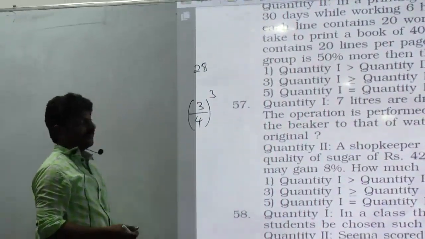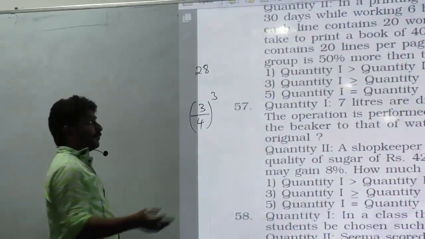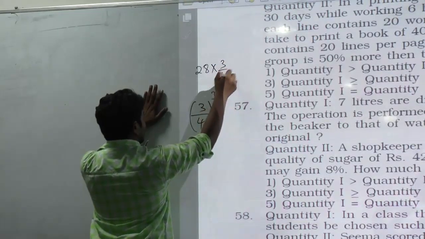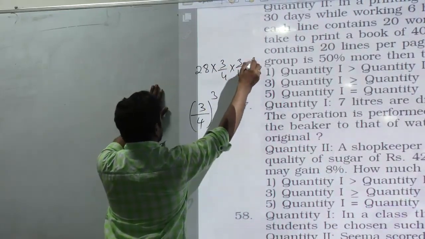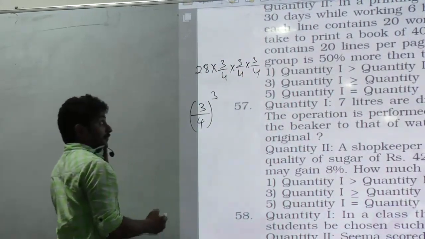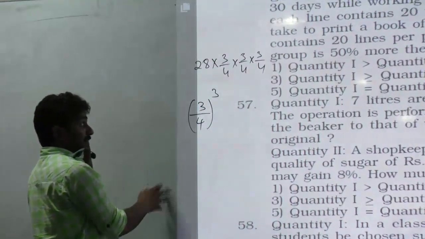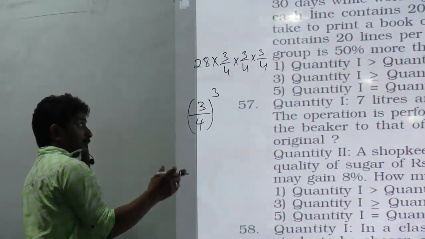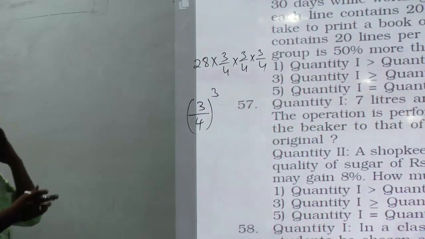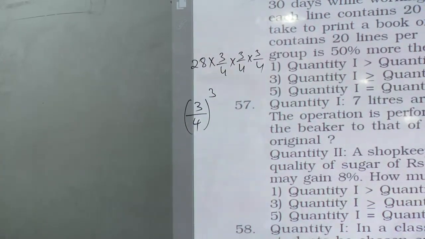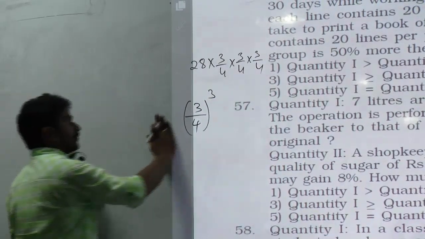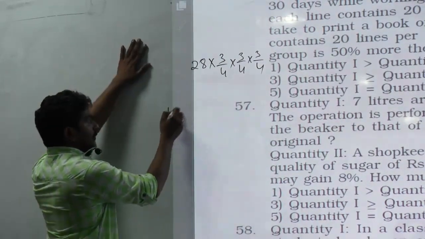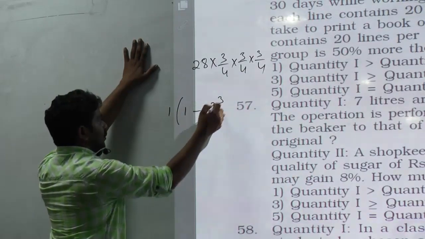In the sense, 1/4 is over. Remaining 3/4. This will be some number. Remaining will be 1/4 whole cube. Water to this. 1 minus 3 cube by 4 cube.